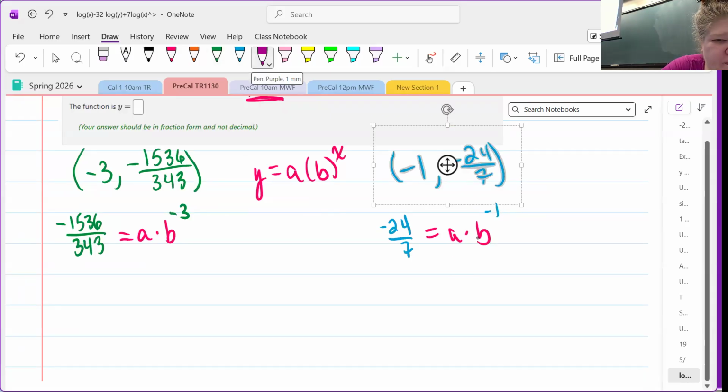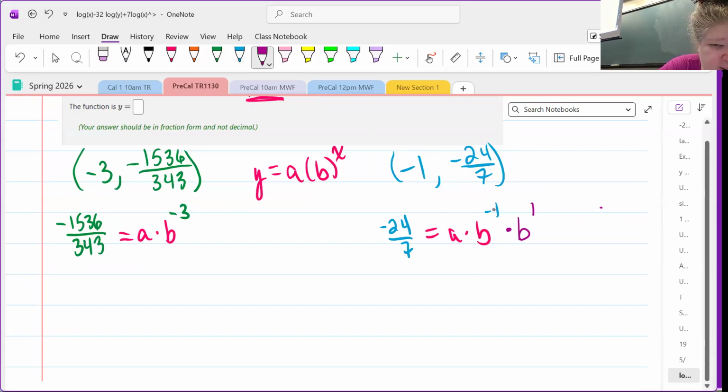All right, so our b to the -1 is a little less complicated than the other one. It really doesn't matter which one we solve, but I usually solve for a because the a doesn't have a power on it. So the b to the -1, I'm going to multiply by b to the +1.